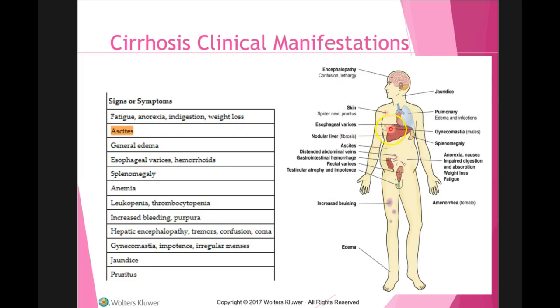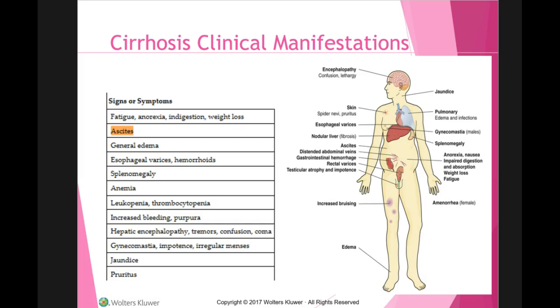It can have gynecomastia, or enlarged breast tissue. Women can have irregular menses, and this is due to the inactivation of sex hormones. And then, of course, they can be jaundiced.